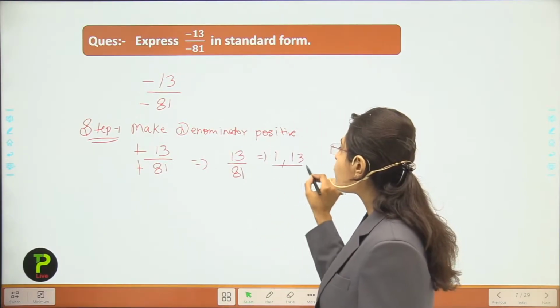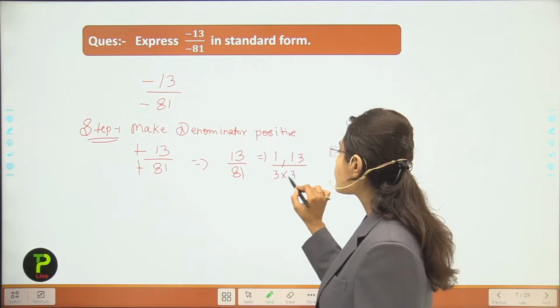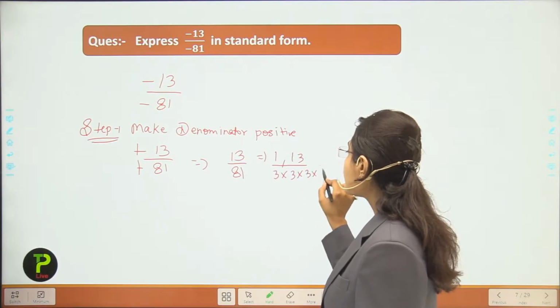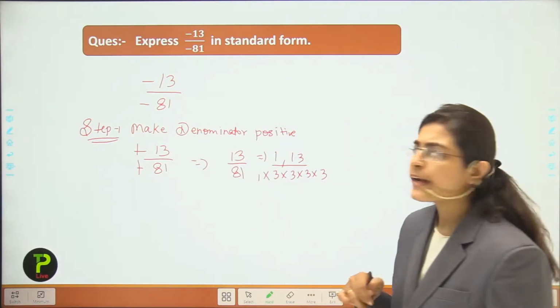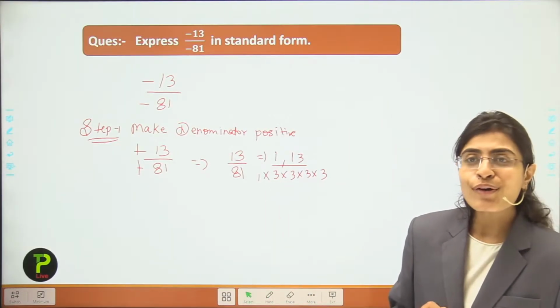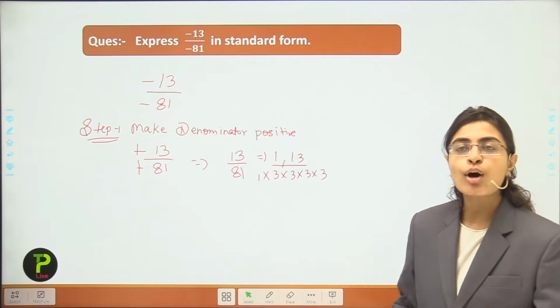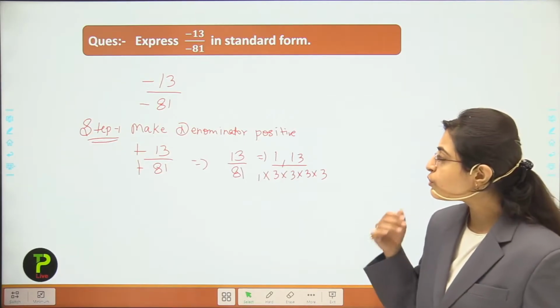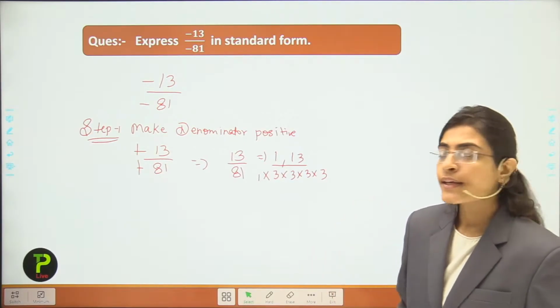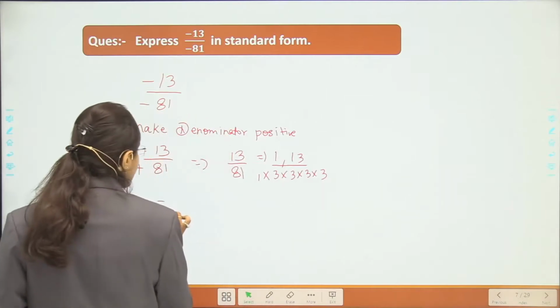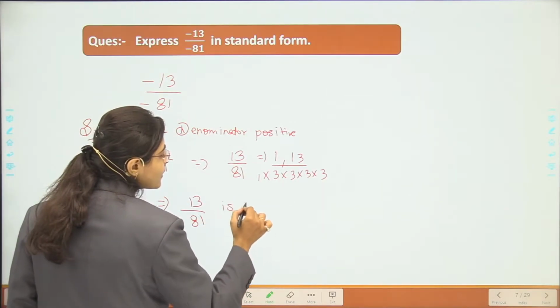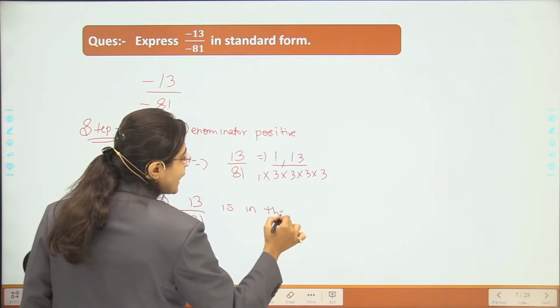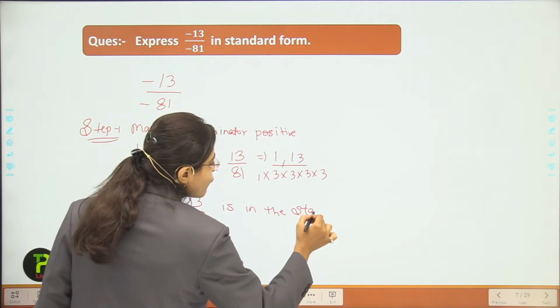And 81 comes in the table of 3, so 3 into 3 into 3 into 3. Now, can we see any common factor other than 1? No, we can't see any common factor other than 1. So we can't cut it further, right? So here I'll write that 13 by 81 is in the standard form.